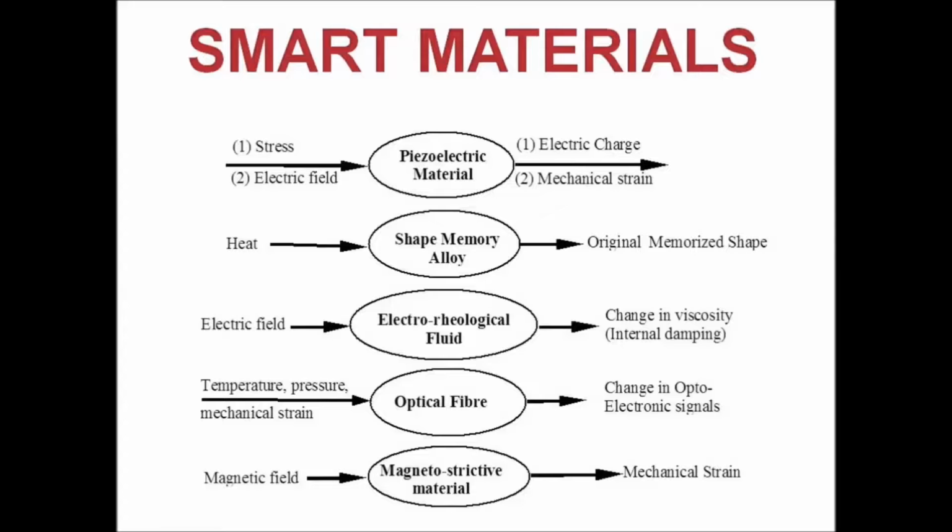Similarly, for optical fibers, if we provide a stimulus in the form of temperature, pressure or strain, we see changes in the optoelectronic signals. Finally, magnetostrictive materials, where a magnetic field acts as a stimulus and results in mechanical strain. There may be a few more smart materials, but essentially the smart feature is that they show stimulus response characteristics.